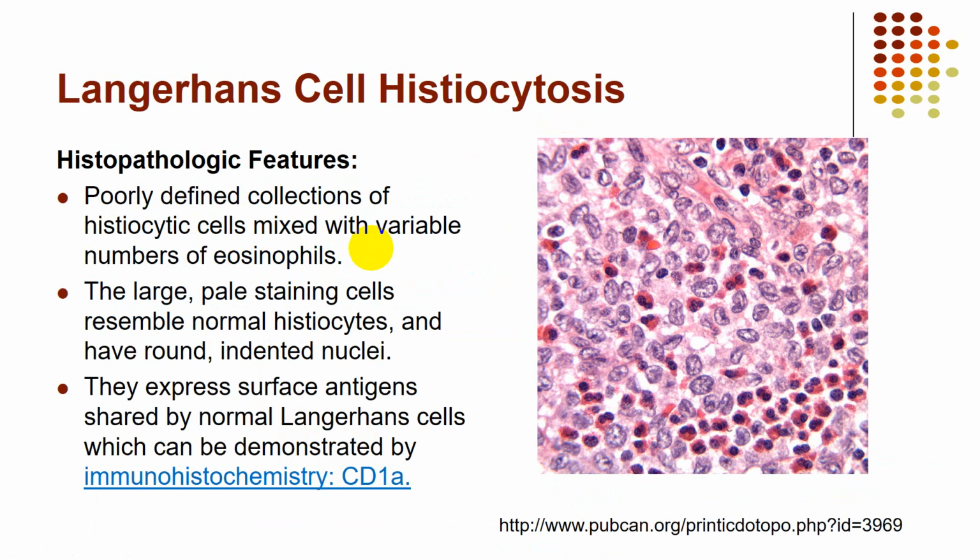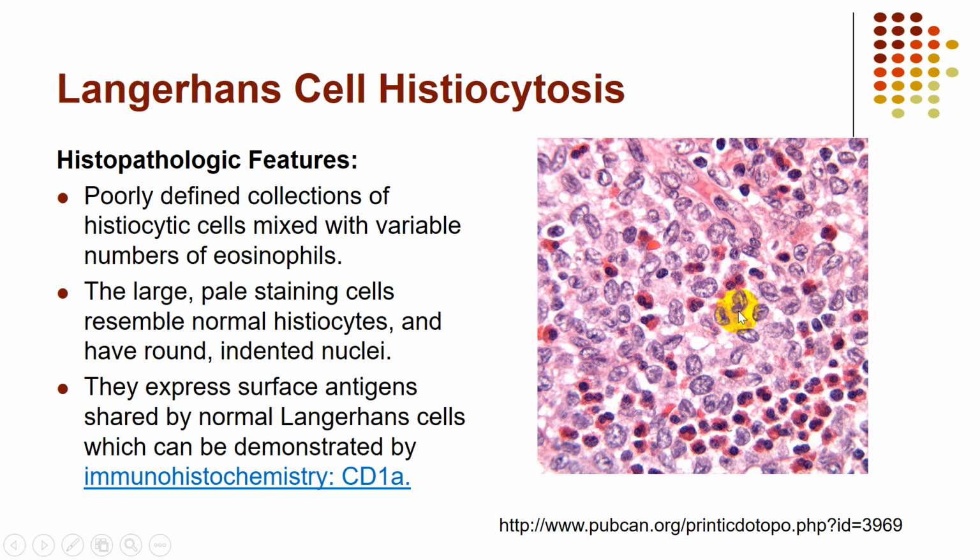Microscopically, we see histiocyte-like cells, meaning that they have a large nucleus. This nucleus is pale and vesicular, as if it is having multiple vesicles inside the nucleus. This nucleus is having an indentation in the nucleus itself.